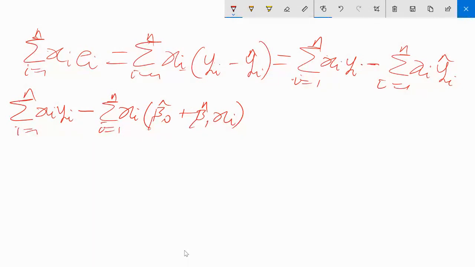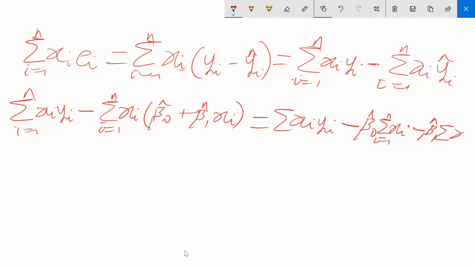So now we can multiply this, and if we do that, we're going to have summation of xi yi minus beta 0 hat, which is a constant, we take it out, multiplied by summation of xi, minus beta 1 hat, which is a constant, multiplied by summation of xi multiplied by xi, which will give us xi squared.